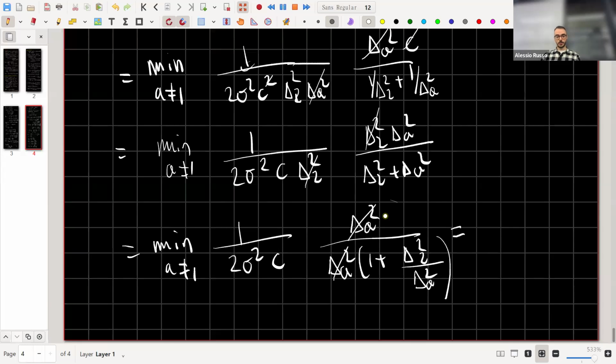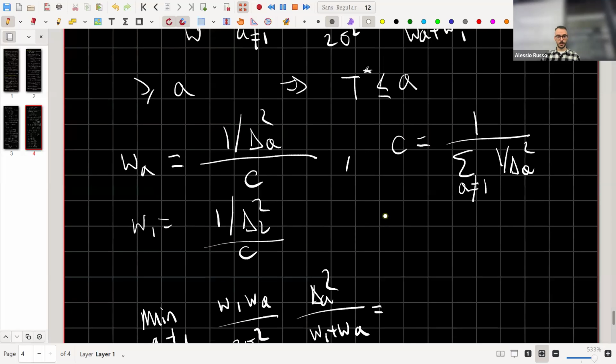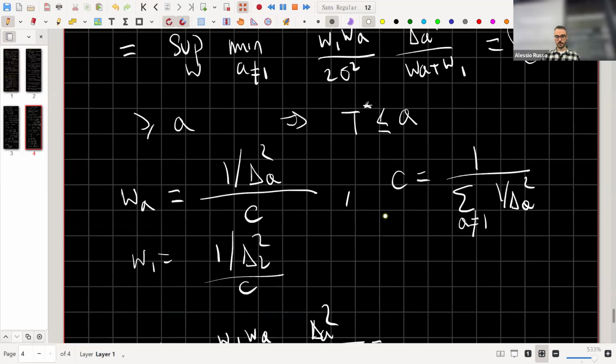So at the end we get 1 over 4, 1 over sigma squared and 1 over C, but C was 1 over the sum of the gaps, right? So here it will become 1 over sigma squared, and C was equal to this quantity.